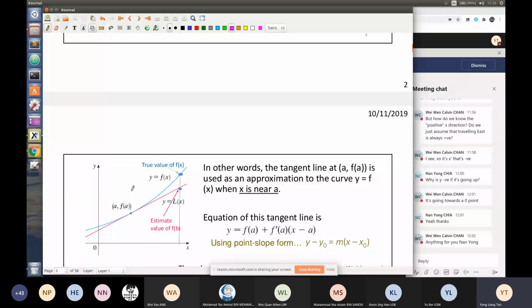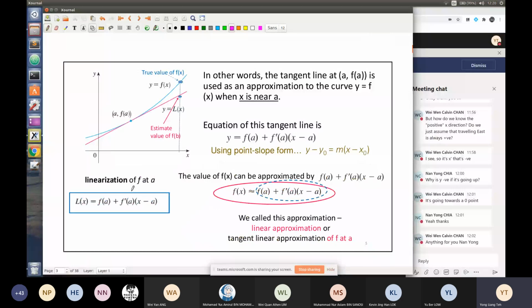So what is the linearization of f? What is the linear approximation of f? It is nothing new. It is just the gradient of the tangent line. We're just using the gradient of the tangent line. So you can see this point slope form of a linear equation, which is given by y minus y naught. Where is y naught? You can treat y naught as your f of a.